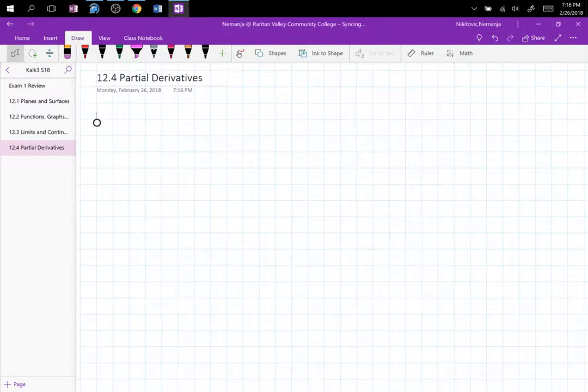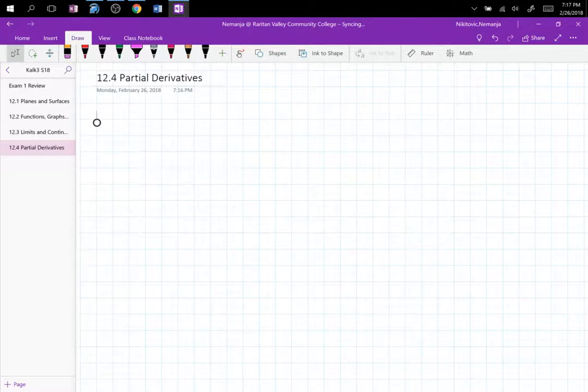Hello and welcome back to Calculus 3, section 12.4, partial derivatives. So, we used to have in Calculus 1 and Calc 2 a one-dimensional domain x, and we found the change with respect to that x. So it was d/dx to find the derivative.